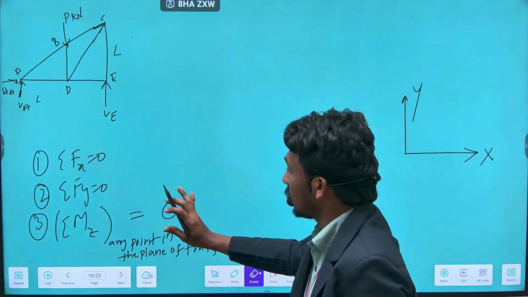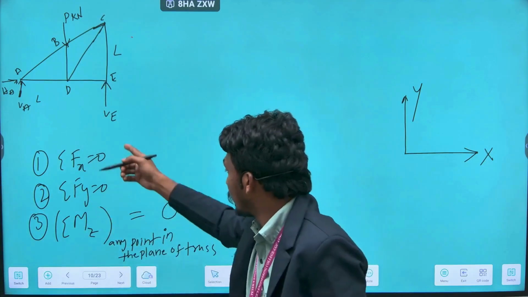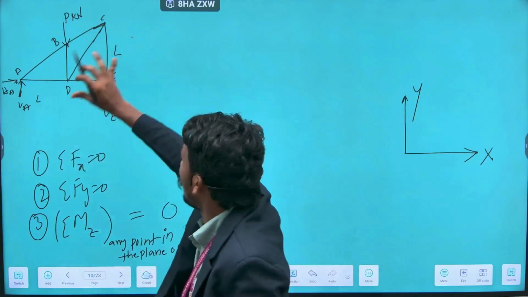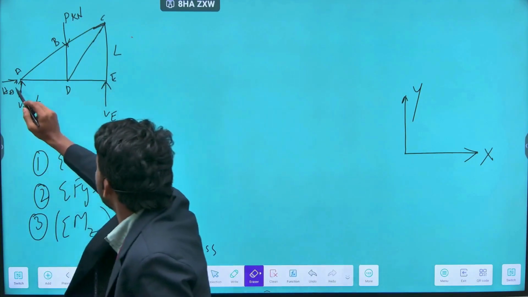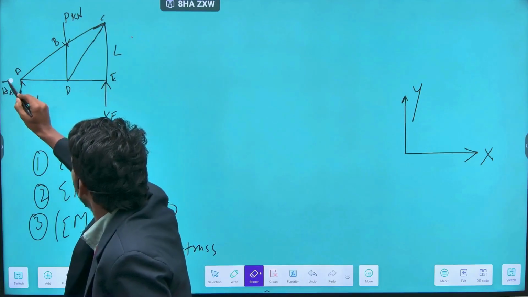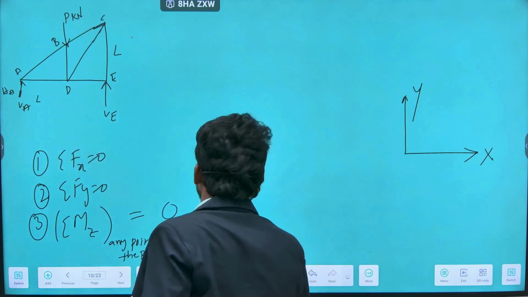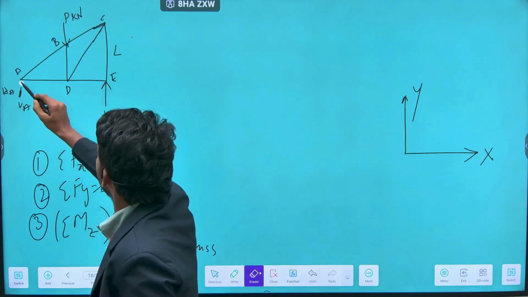So first we'll apply these three equilibrium equations to the whole truss and calculate the external support reactions.